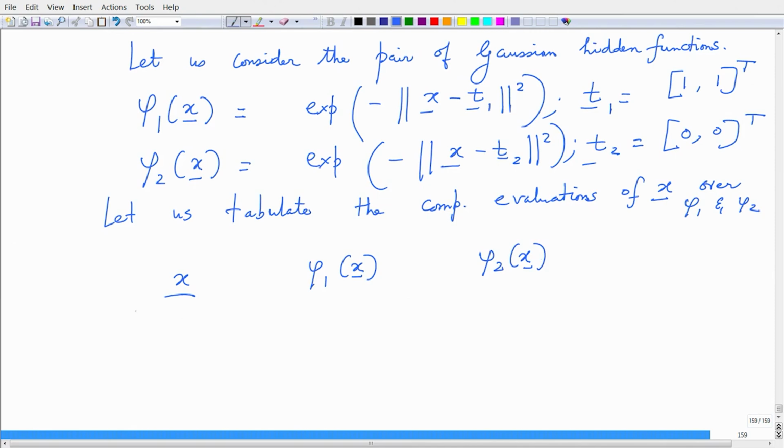We have 1 comma 1, 0 comma 1, 0 comma 0, and then 1 comma 0.